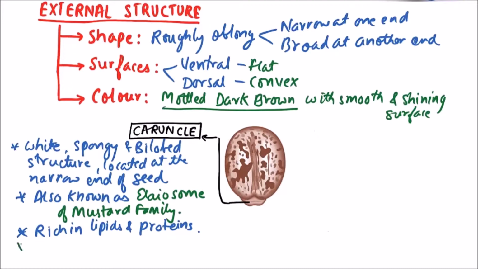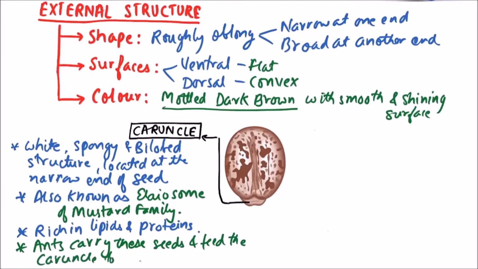Now the significance or importance of caruncle is that ants carry these seeds and feed the caruncle to their larva. So it becomes a mode of dispersal of seed, that is myrmecochory.